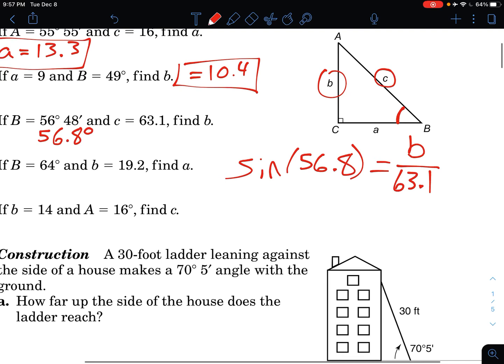So to get B by itself, we've got to multiply both sides by 63.1 to get sine of 56.8 times 63.1.